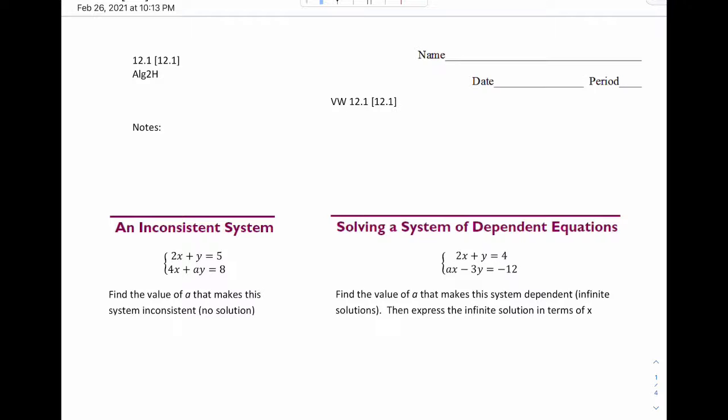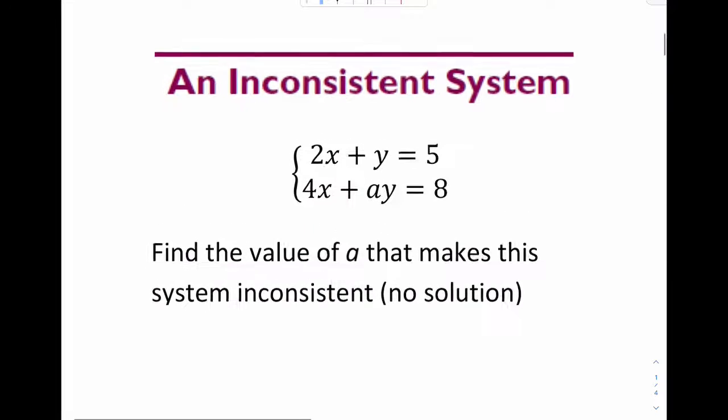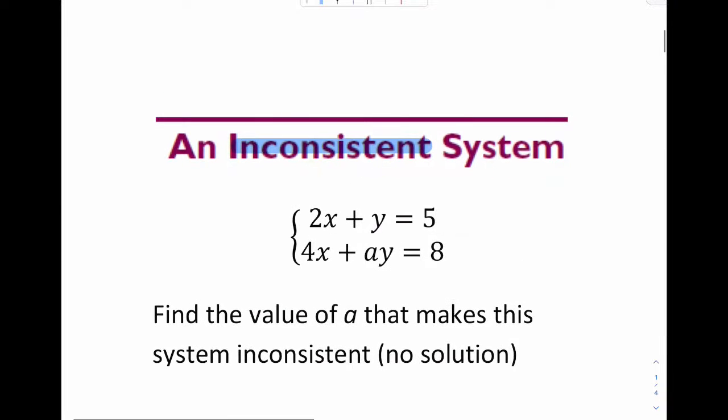Open the VW 12.1. For our first example, notice how it says an inconsistent system. This word inconsistent is simply a formal way of saying a system with no solution. So underneath it says find the value of A that makes the system inconsistent, meaning no solution.